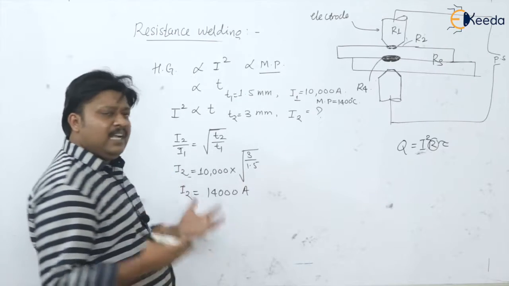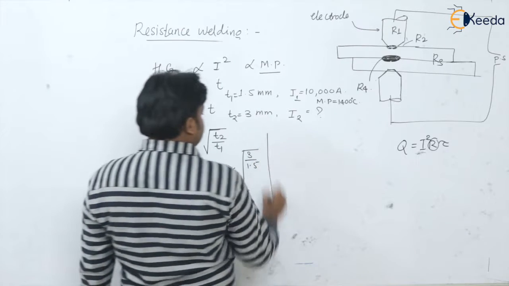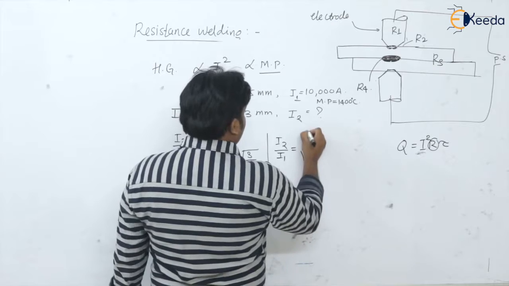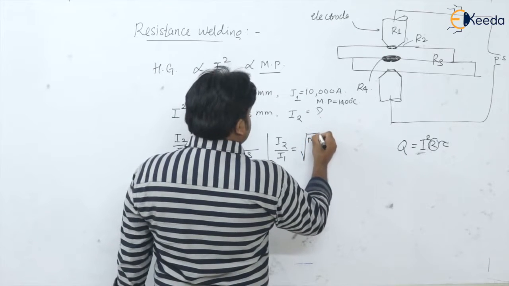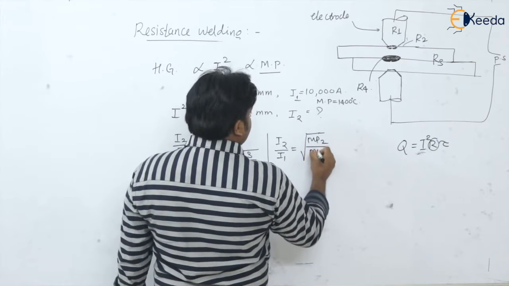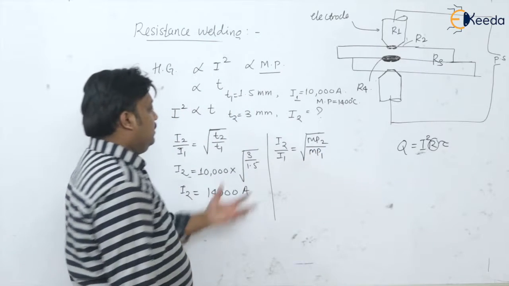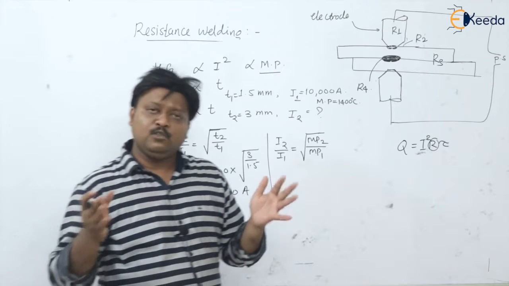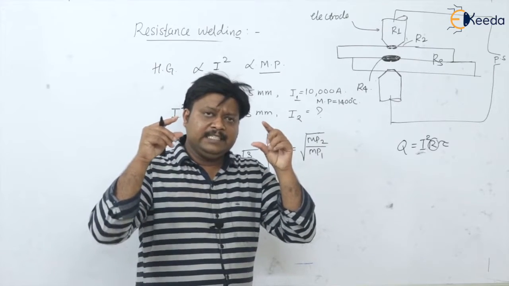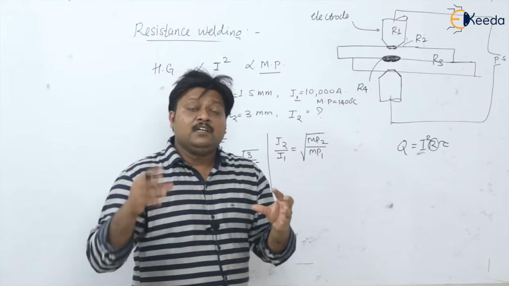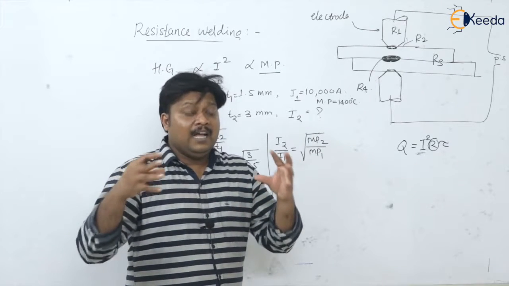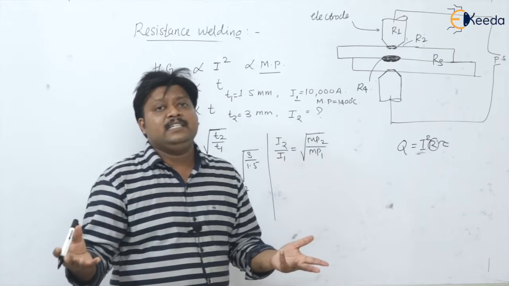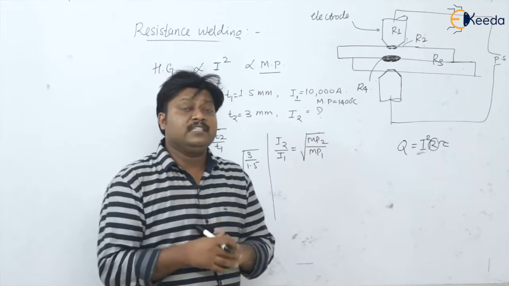Again we can have a relation like this: I2 by I1 is equal to under root of MP2 by MP1. Because this resistance welding technique is suitable for joining similar composition materials with different thicknesses, and also different composition materials with different thicknesses or equal thicknesses.